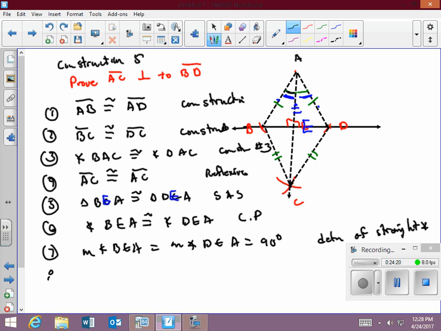And then AE is perpendicular. Maybe what I really should say is EA. The way I'm constructing this, I'm actually going AE.